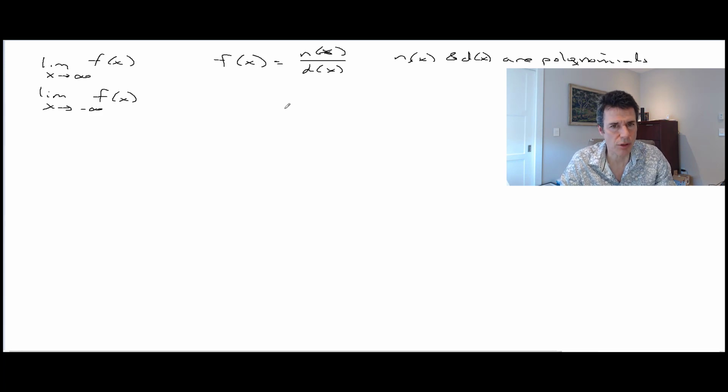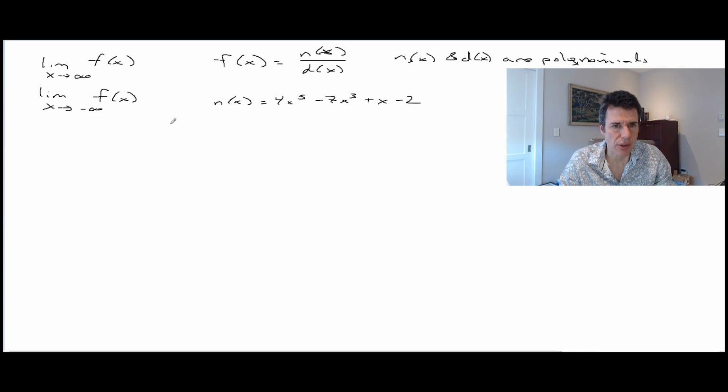So the thing to observe is that if we've got a polynomial, let's look at, say, the numerator. So the numerator is some polynomial. I'm just going to write one down. It doesn't matter what it is. So we'll do 4x to the fifth minus 7x cubed plus x minus 2.